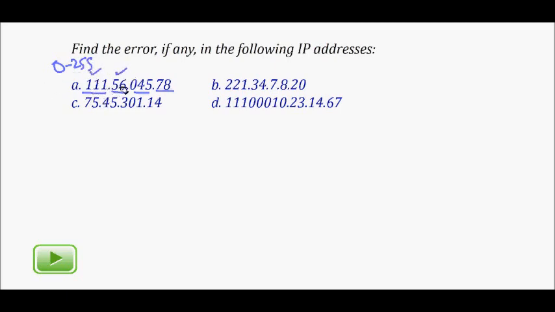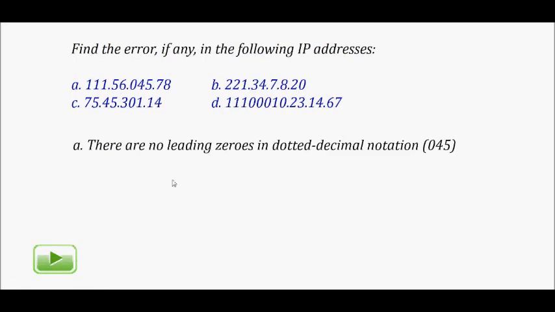Their range is 0 to 255 because they are all 8-bit numbers. So 111 is fine, 56 is fine, 45 is also in this range, 78 in this range. So you will think it's correct, but the thing is 045, there is no need to write it like this. So this is the error, the 0 should not be there.